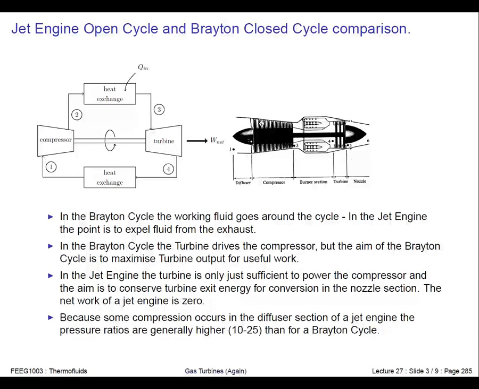So although it's not sketched very well here, effectively with a diffuser you have an inlet here, and then you expand the fluid and the pressure rises in the diffuser, so you get some pressure rise for free before you put it through the compressor. So typically a jet engine will operate on a higher pressure ratio than a stationary Brayton cycle.